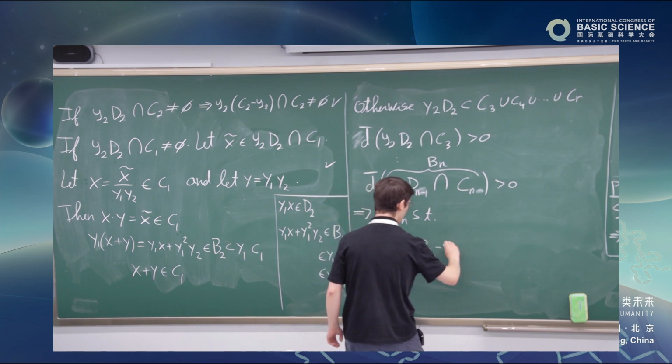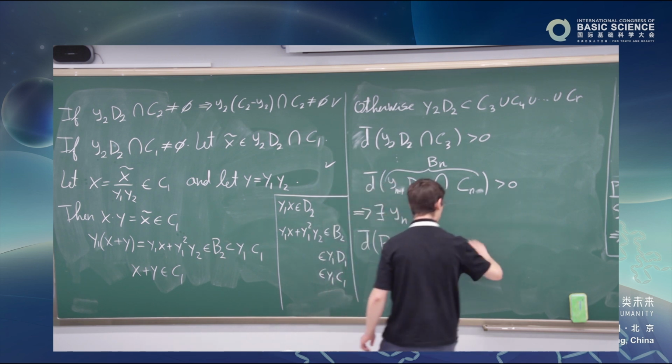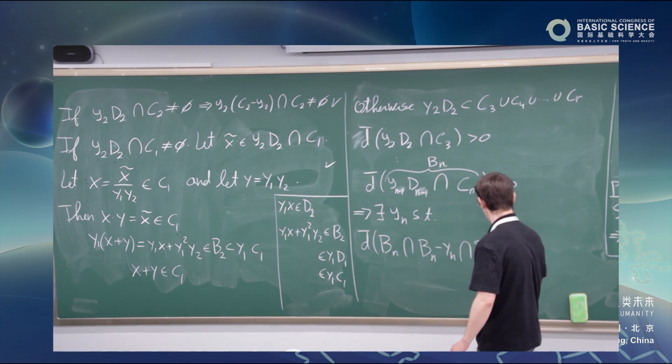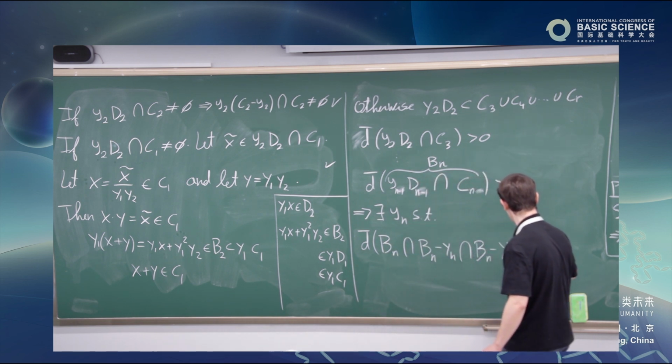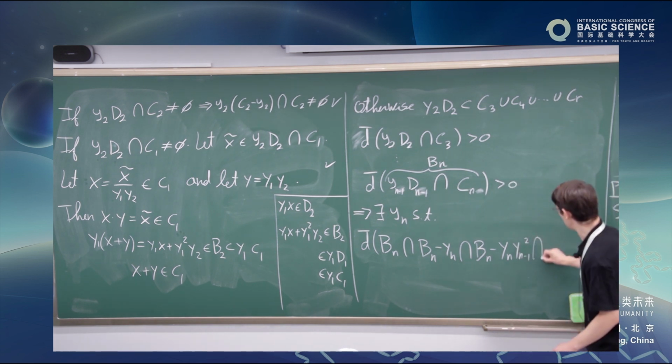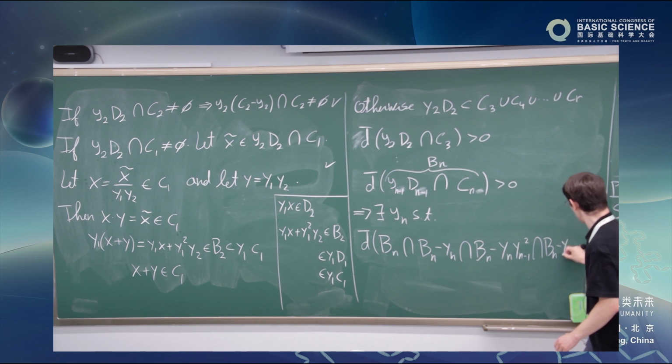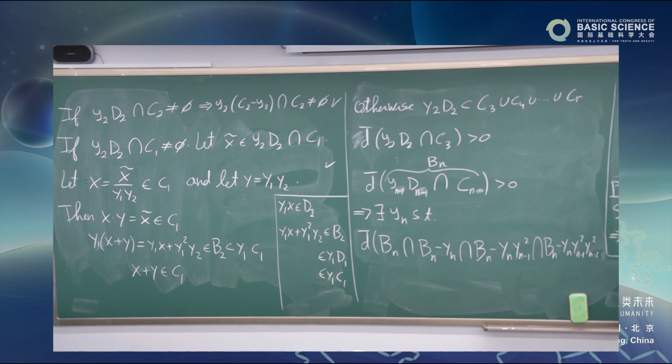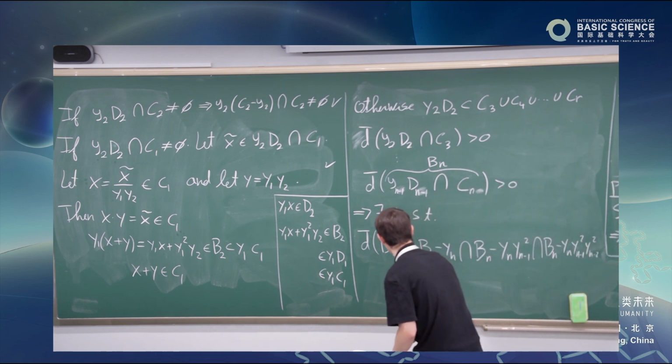And so we do bn minus yn, times yn minus 1 squared. And we also need bn minus yn, and here we do yn minus 1 squared, yn minus 2 squared. And so we keep doing these intersections.